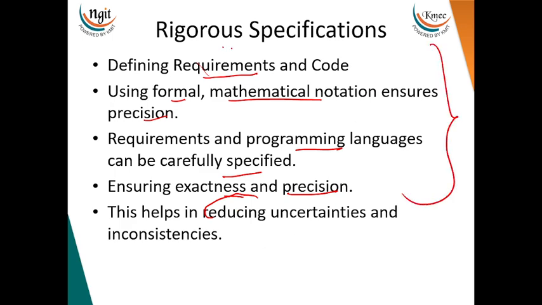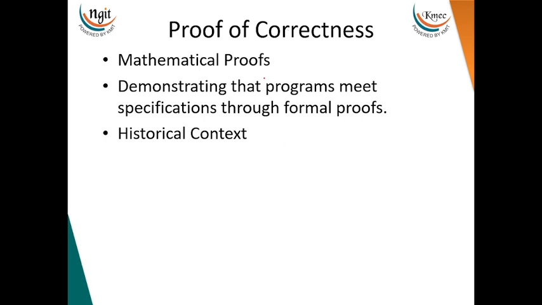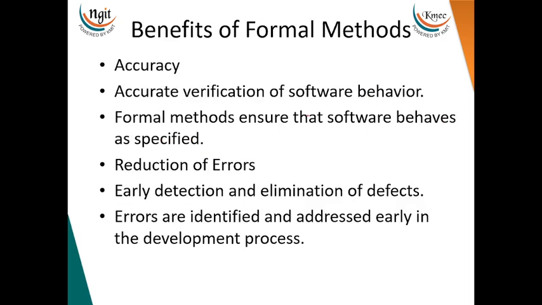Correct? A rigorous specification. Then proof of correctness. Mathematical proof demonstrates the program meets its specification through formal proofs and historical content, based on history. So these are all the approaches in formal methods. What are the benefits of formal methods?